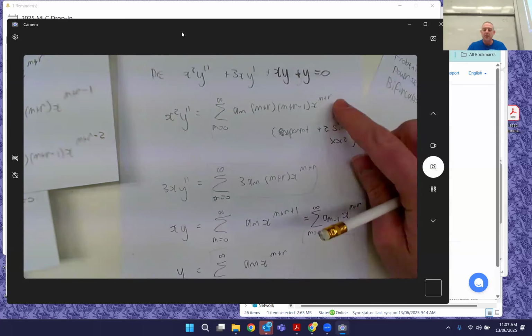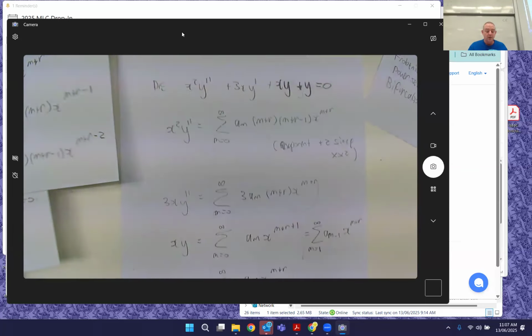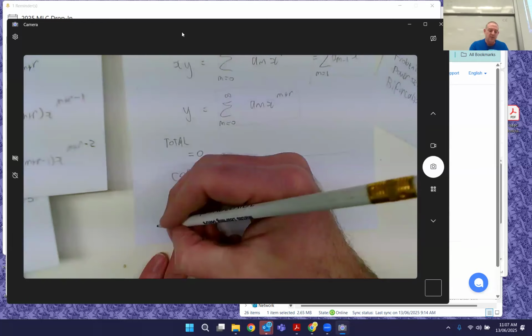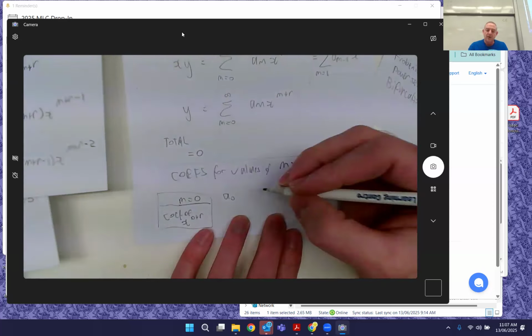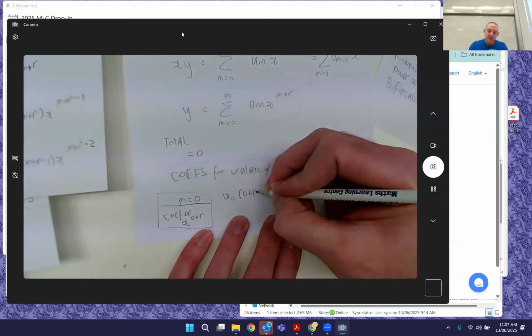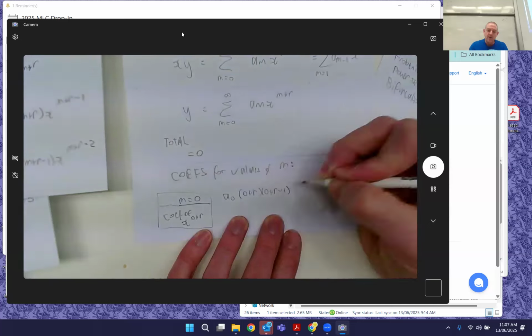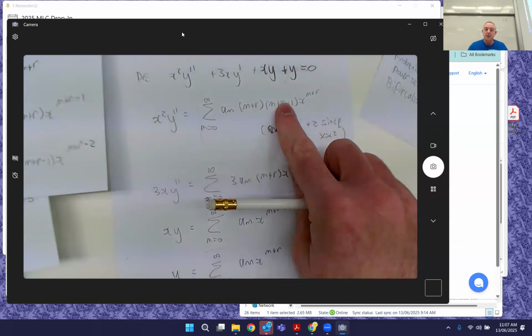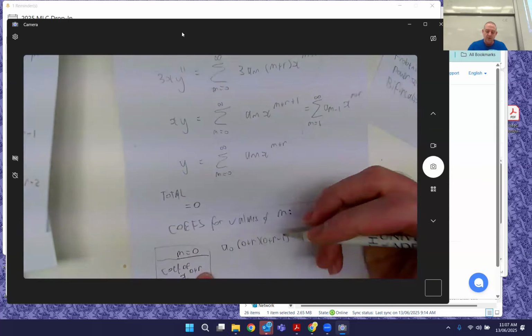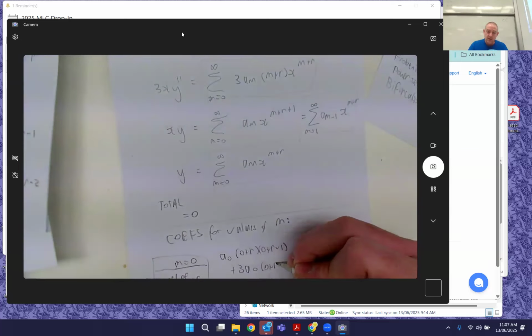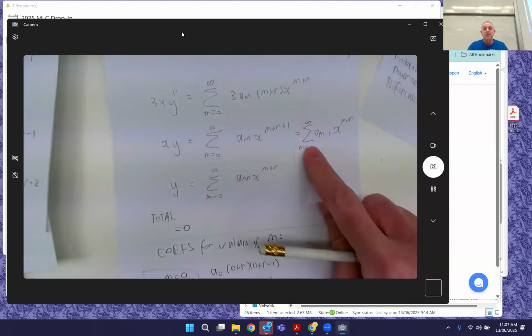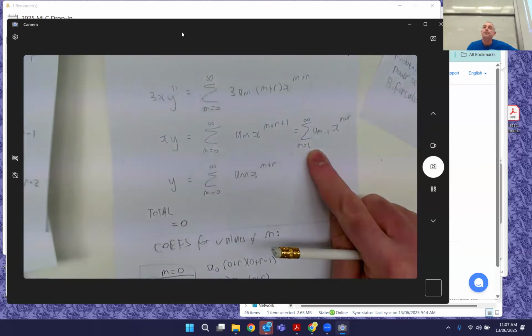I get 0 plus r in all of these spots. So that's my first thing. When m is 0, the coefficient of x to the 0 plus r, I'll get a0 (0 plus r)(0 plus r minus 1). That's the coefficient from this one. And the coefficient from this one is 3 a0 (0 plus r). That's the coefficient from this one. This one doesn't have m equals 0, so I'm not going to use it.